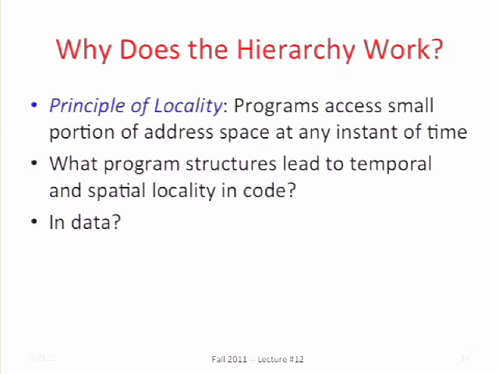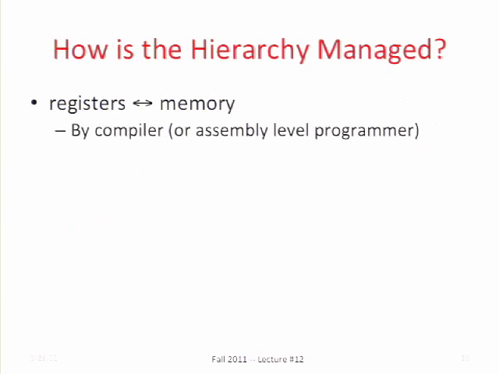Okay. All right. So who has to worry about the management of this stuff? Registers to memory, you already know that. If you're writing assembly code, you write load word, store word. You're moving stuff from memory into registers and back and forth. If you're using a compiler, the compiler is going to do that for you. You don't worry about registers at all. You think everything's in memory. That's nice. Cache to main memory: you don't have to worry about it.